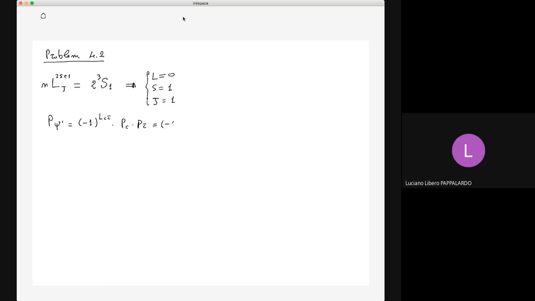So here we have (-1)^L of the psi prime, and then the intrinsic parities, which are positive for the quark and negative for the antiquark, as we studied yesterday. Now, from the information on the angular momenta, we know that the orbital angular momentum of the psi is 0. So this is (-1)^0 times -1. So overall, this is -1.